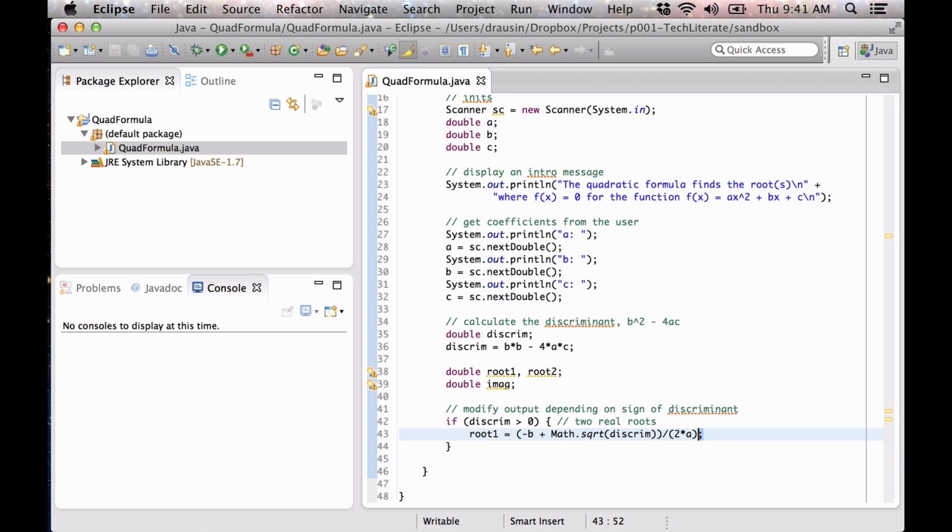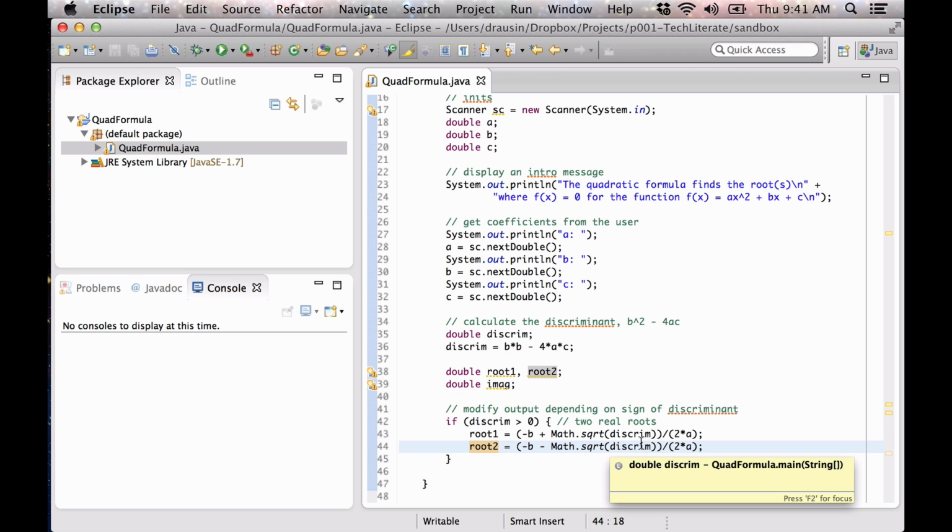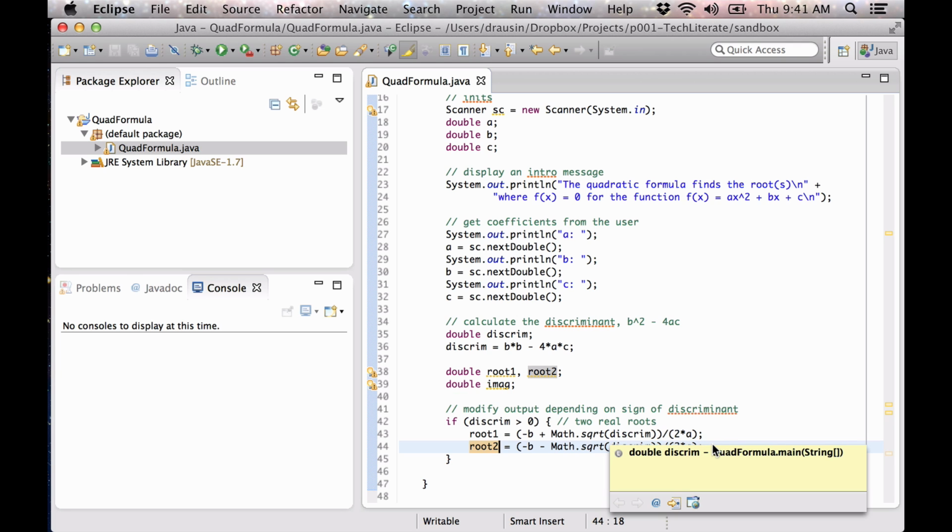Okay, so there's 1 root. And of course, the other root is very similar, except that instead of plus, it's minus there. Right, because it's negative b plus or minus the square root of b squared minus 4ac all over 2a. Okay, so there are 2 roots.